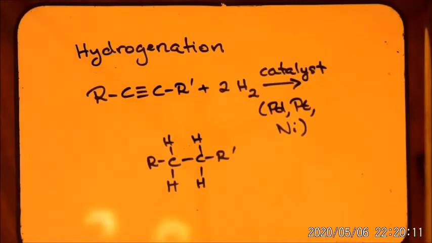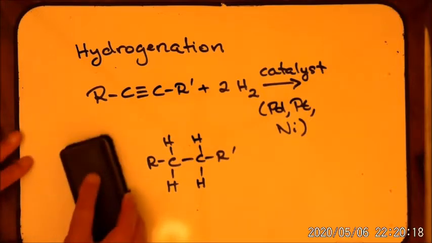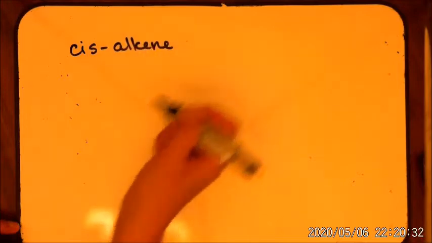Okay, so now that we know how to make an alkane, what happens if we want to stop at the alkene? If you want to stop at the alkene, the first thing we're going to talk about is making a cis alkene. And it's all dependent upon my catalyst.